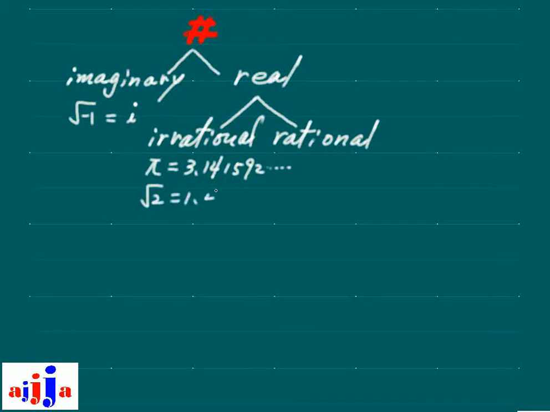So 1 point what? 1.4142 and keep on going. Square root 3 is 1.7321, keep on going. The log number or e, small e, so many. Irrational numbers, like pi or square root 2 or square root 3, and so on.